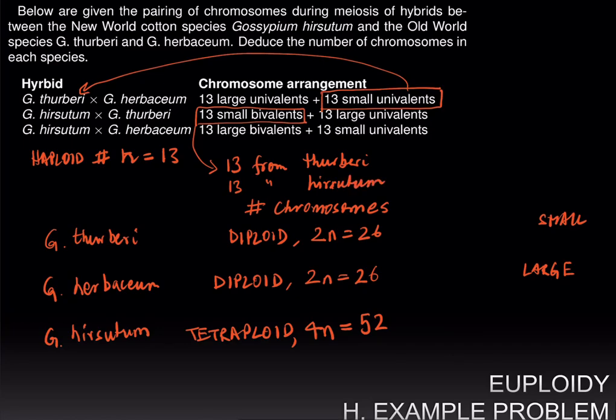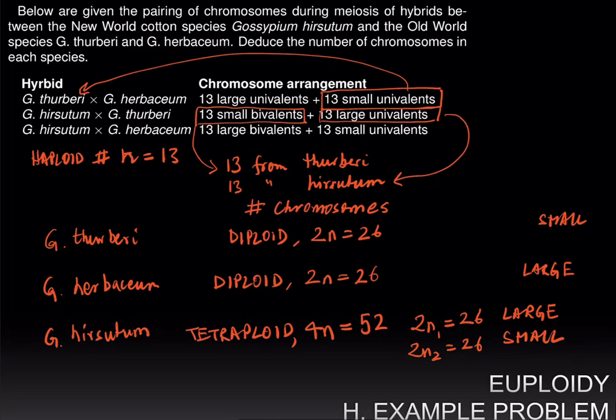And these 13 large univalents are also from Hirsutum. This implies that Hirsutum has 2n1 equals 26 large chromosomes and 2n2 equals 26 small chromosomes.